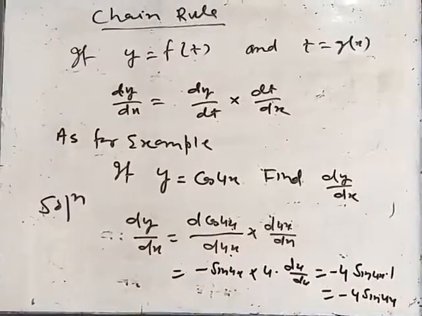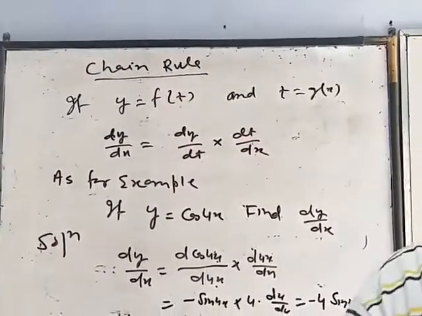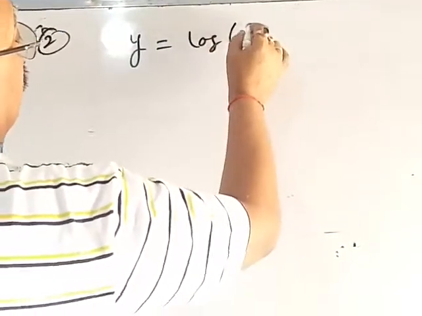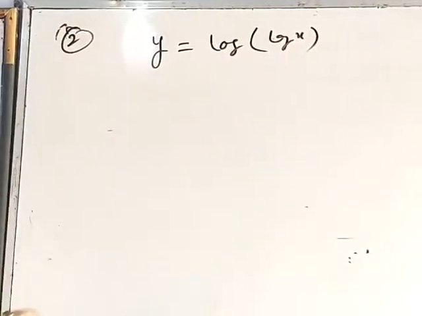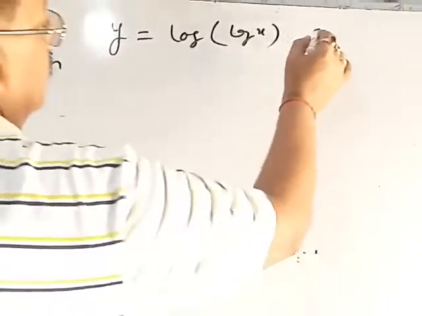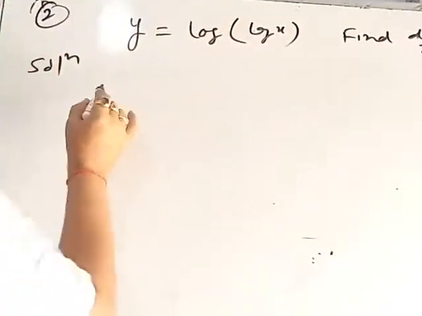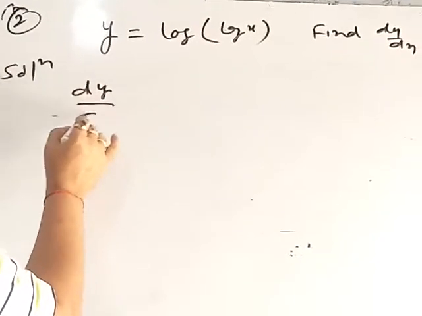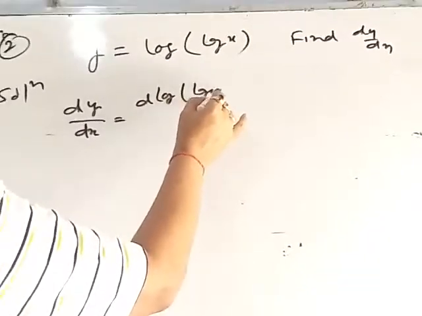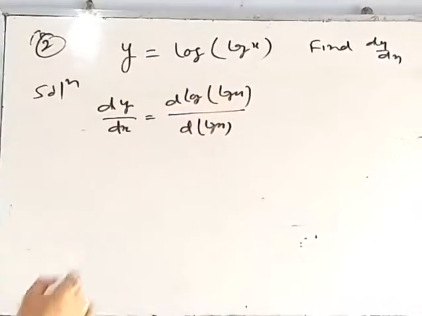I have given an easy example to understand this rule. Next one, log log x. Suppose you have to differentiate by chain rule. So solution, find dy by dx. So dy by dx is d log log x by d log x, because log log x depends upon log x.